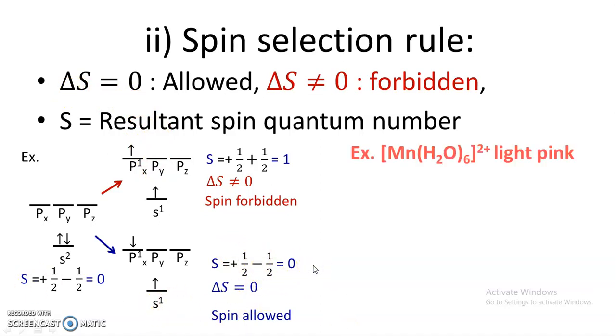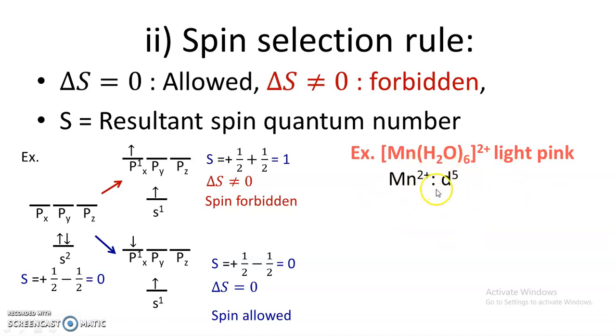Now consider another example. The hexaaquamanganese(II) ion is light pink colored. This light pink color of hexaaquamanganese(II) is due to spin forbidden transitions.